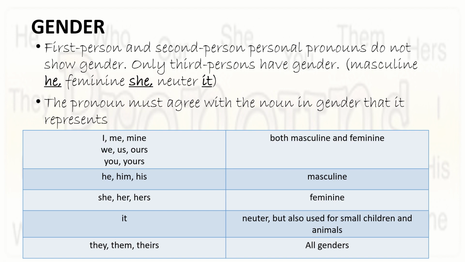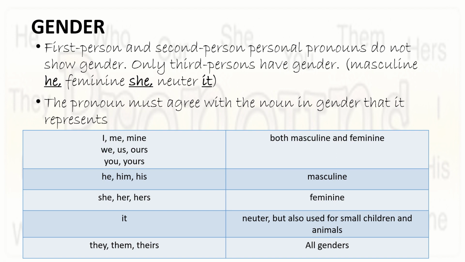So when we have the masculine gender, we are talking about a boy or man. So we say he, him, his. When we are talking about the feminine gender, then we are talking about a girl or a woman. So we say she, her or hers.